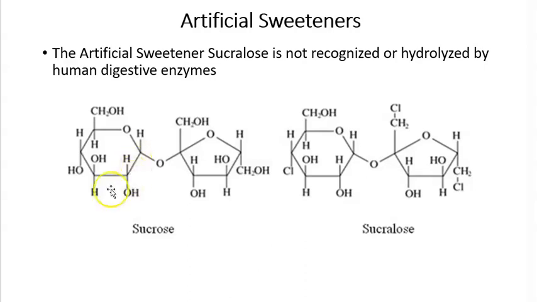So you can see here the difference from sucrose and sucralose is you'll notice instead of these hydroxide components that are bonded, they're actually chlorine molecules. So you can see these hydroxides are changed to chlorine molecules. There are some other minor changes here. Over here, we've flipped this bond.